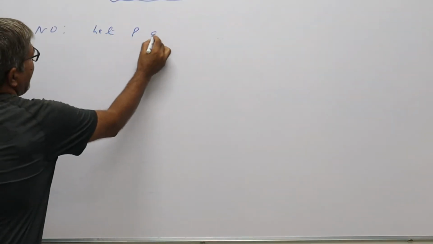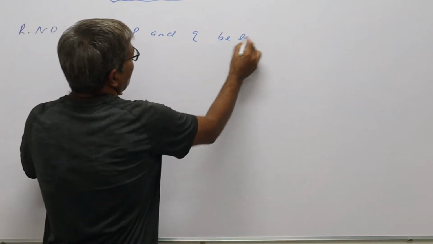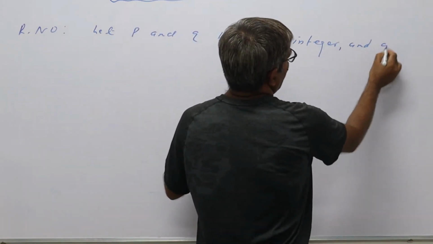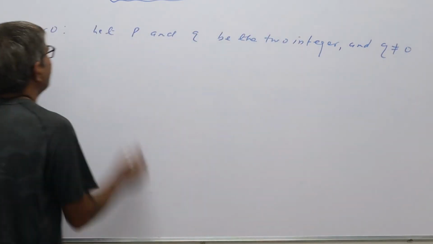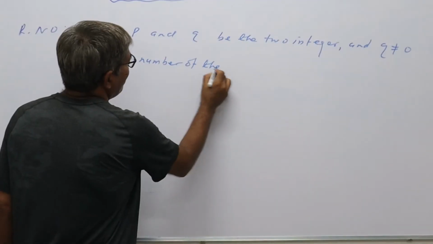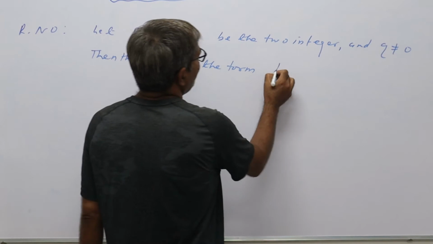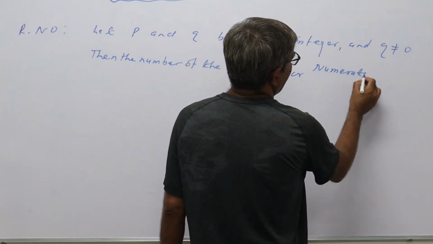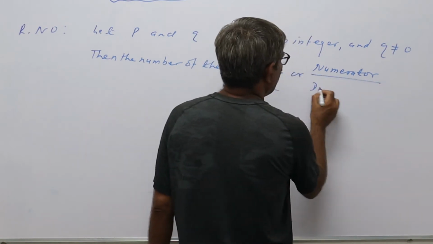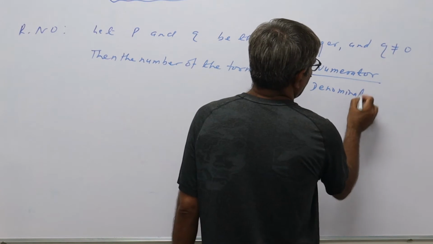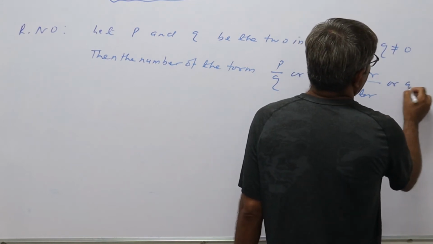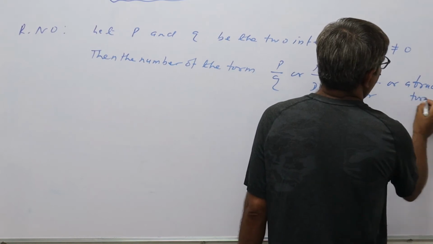Rational number. Let P and Q be two integers and Q is not equal to 0, then the number of the form P upon Q, or numerator upon denominator form, or a fraction form.